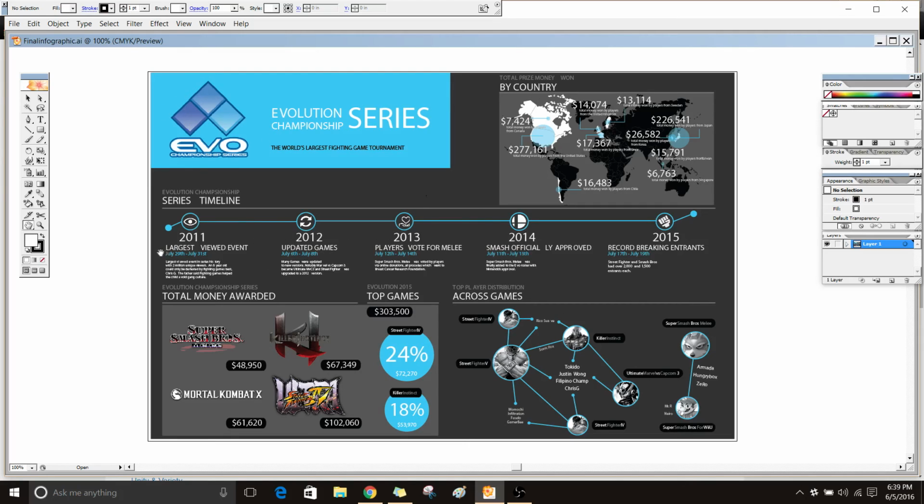And then lastly, they look at this timeline, and this text is intentionally small because it's not as important. It's just some extra information that the user can read about for that year. But this title is intentionally larger because it'll give them a quick overview of what happened that year.